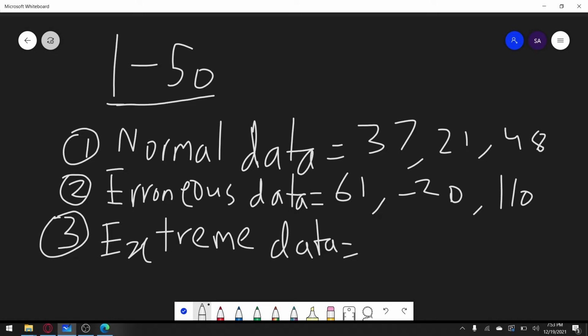So the extreme data for this algorithm would be 1 and 50, because those are the largest and smallest values in the entire algorithm, which is why these values would be accepted if they were to be inputted to check the algorithm.